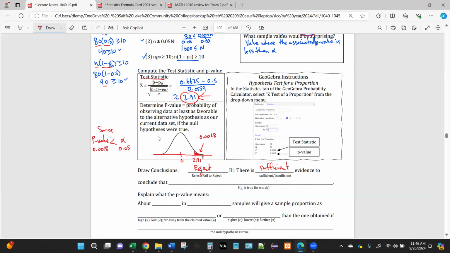That a majority of people can tell the difference in one sip for that particular diet soda. So it doesn't sound like it's a super successful diet soda.